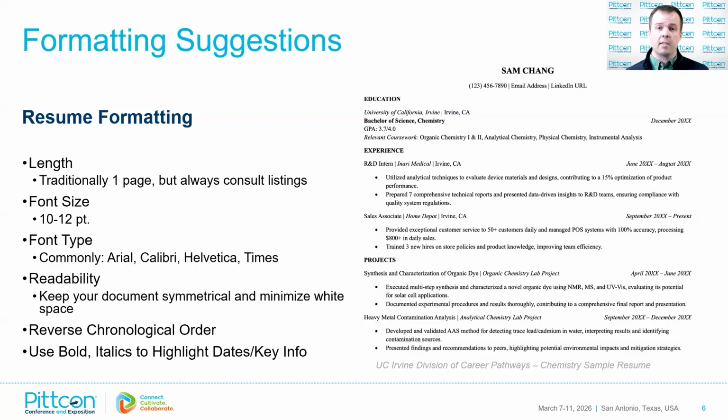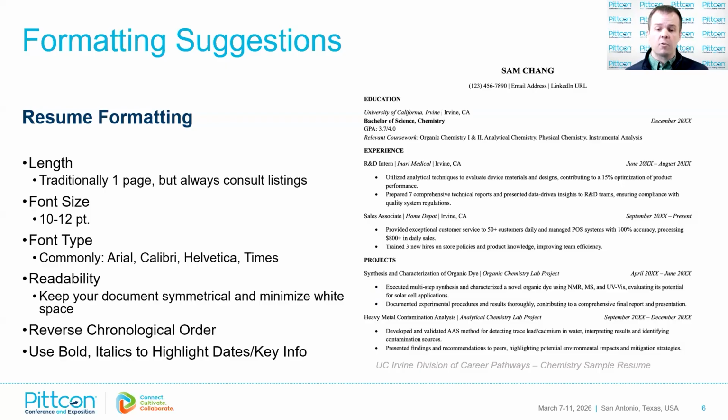We see on the right-hand side an example pulled from the University of California at Irvine's Division of Career Pathways. Their sample chemistry resume, which contains all of the information we mentioned at the top. So a name, contact information, as well as education, experience, and any projects that are there.